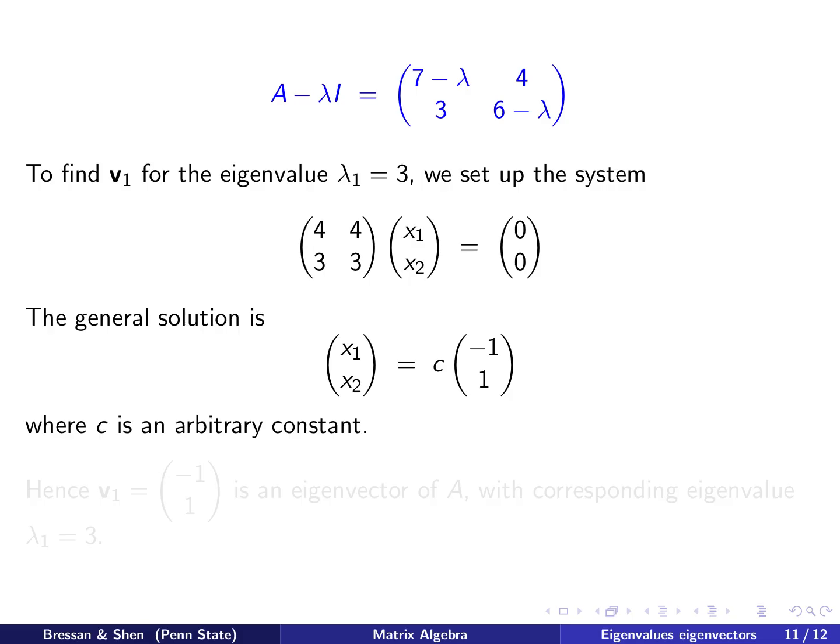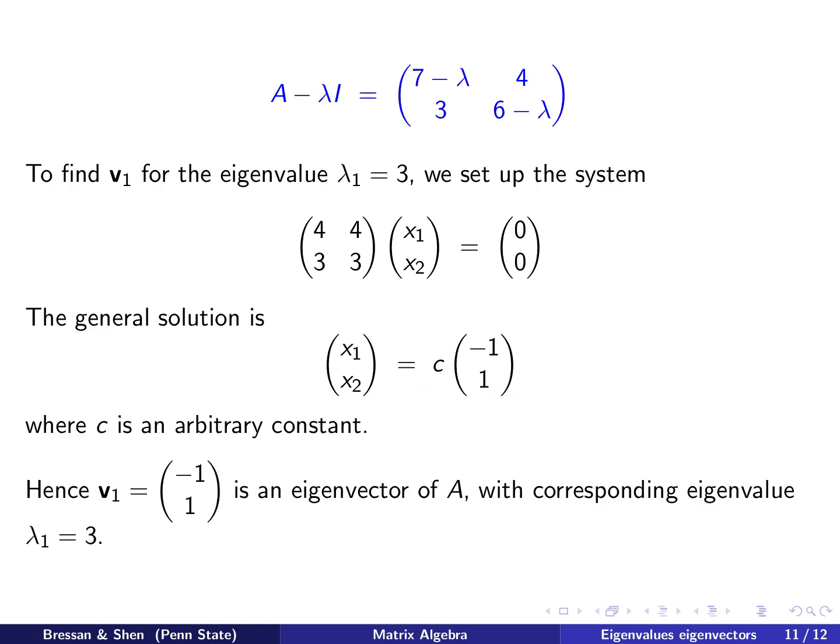If you set one of them to be c, then the other one will be negative c. So the general solution is c times (negative 1, 1), where c is an arbitrary constant. We call this v1, an eigenvector of A with the corresponding eigenvalue lambda 1 equal to 3.